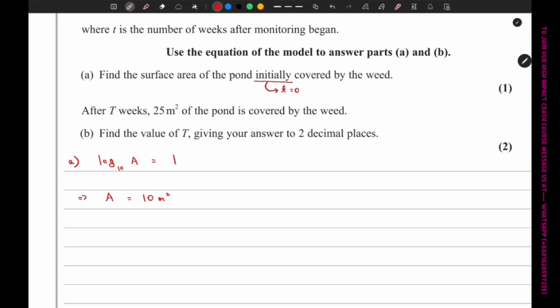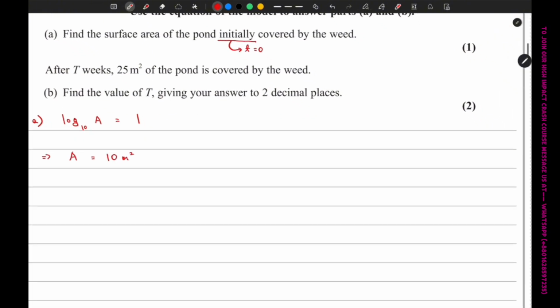Now for part B, after T weeks, 25 meters squared of the pond is covered by the width. Find the value of T. So when the value of t is capital T, the value of A is 25. Now we just need to find this value of t.